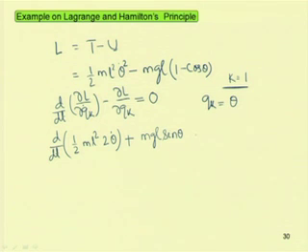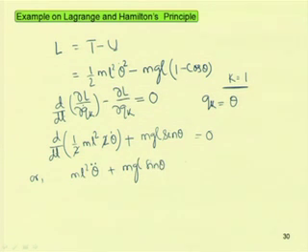So, this is equal to 0. Or one can write, with the 2 cancelling, m L square θ̈ plus mgL sin theta equal to 0, or θ̈ plus g by L sin theta equal to 0.